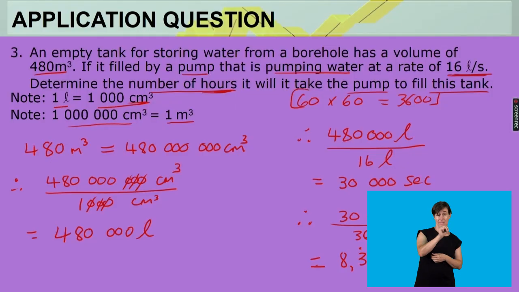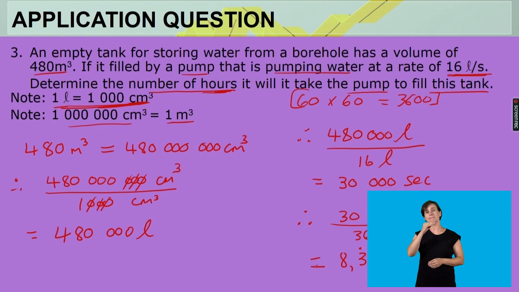Guys, let me run through it quick. So first I went from 480 cubic meters, I converted that to cubic centimeters because I'm working with what is presented here. Thereafter, I took my 480 million cubic centimeters and divided it by 1,000 to convert from cubic centimeters to liters. So I ended up with 480,000 liters of water.